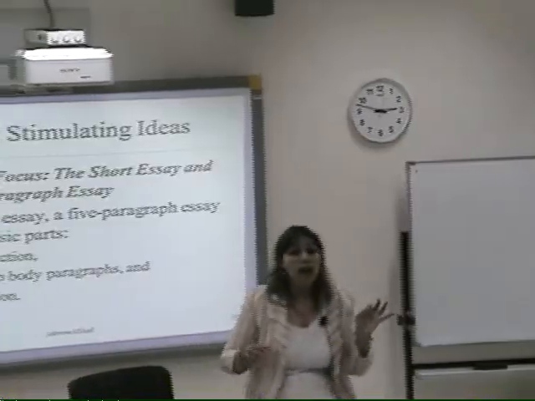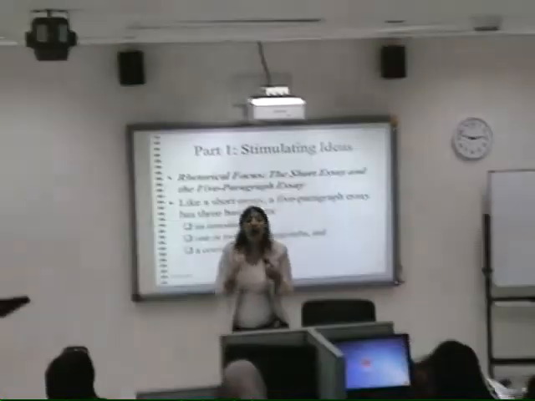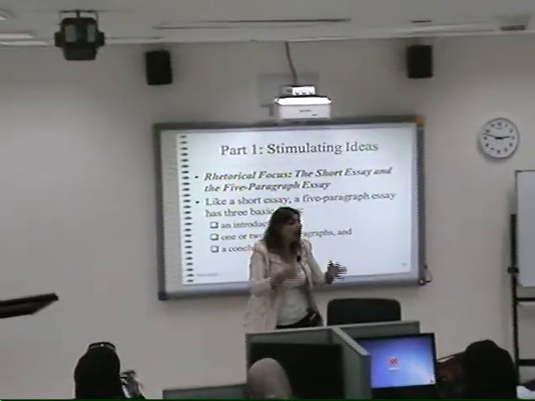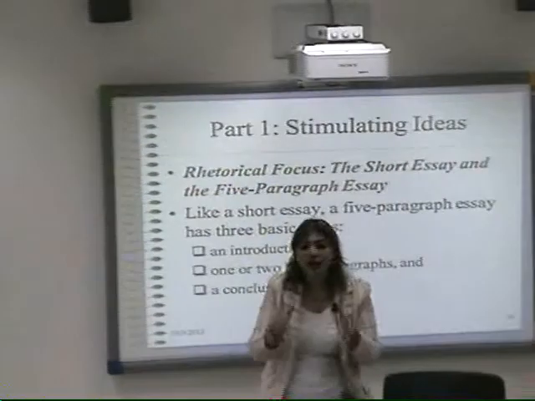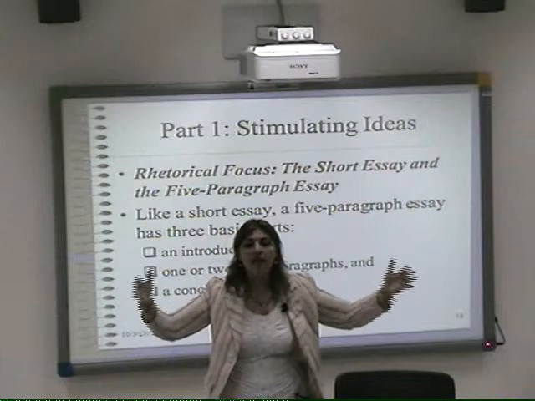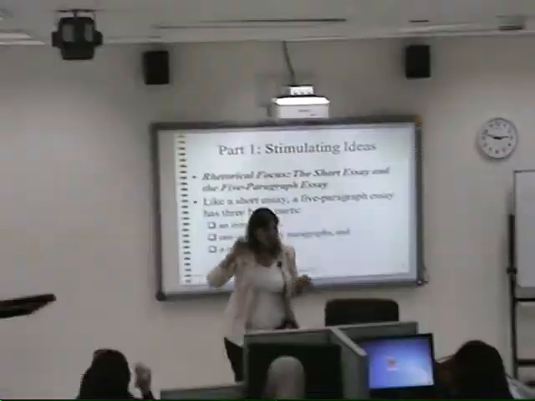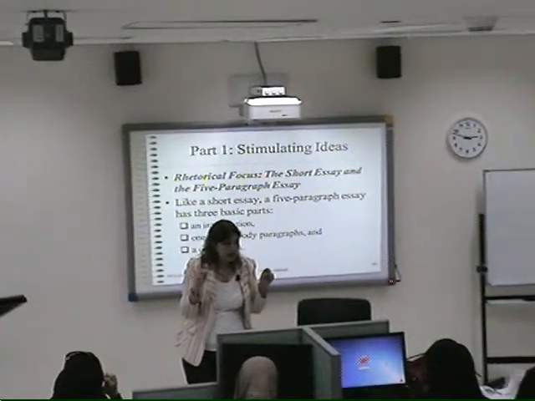He expanded the same idea, the same details, with more explanation and examples into a 5-paragraph essay, not only a short 3-paragraph essay. Okay? And this is what you're going to do, but not for this week.